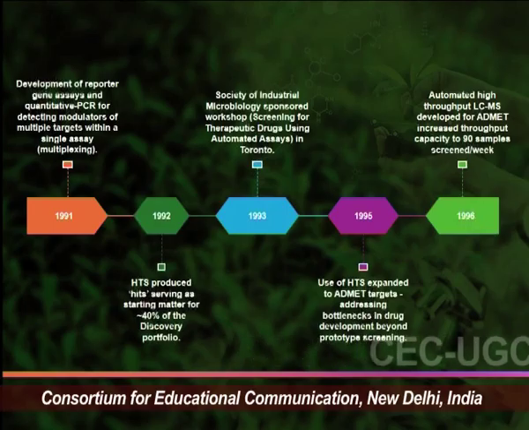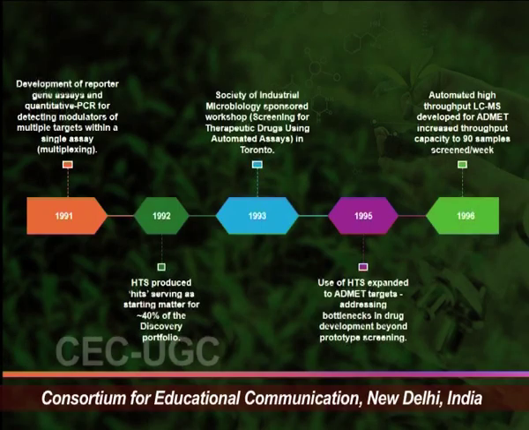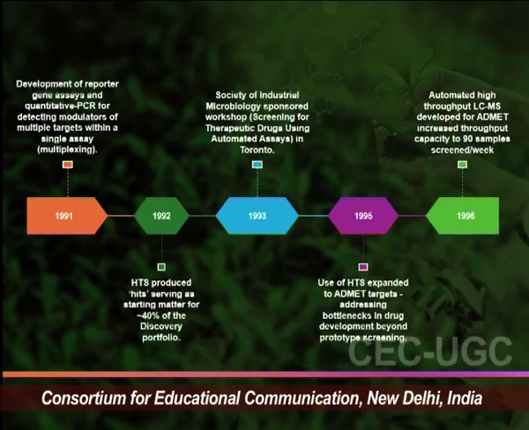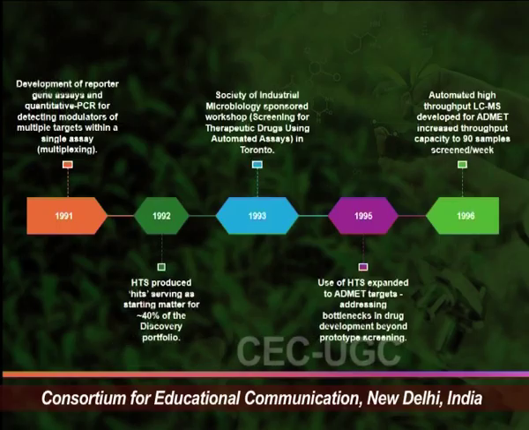And in the first half of the 1990s, newer applications of HTS evolved, and HTS was now used to study the ADMET characters of the compound, that is absorption, distribution, metabolism, excretion and toxicology.